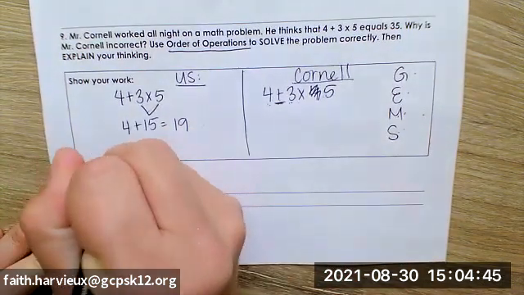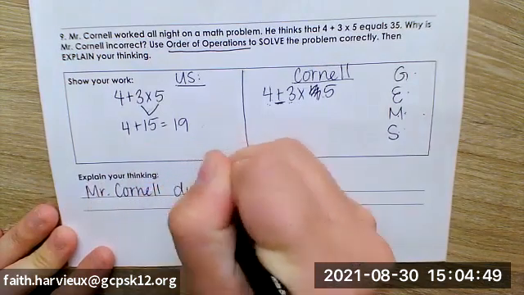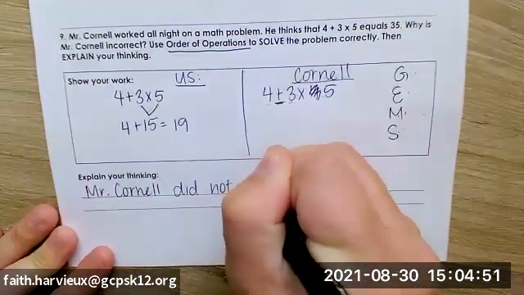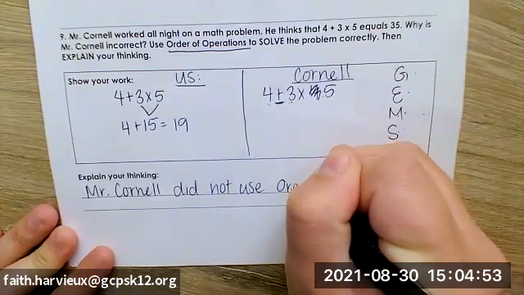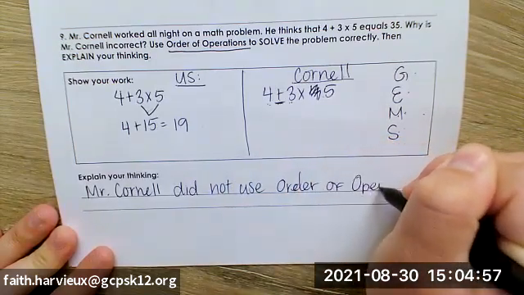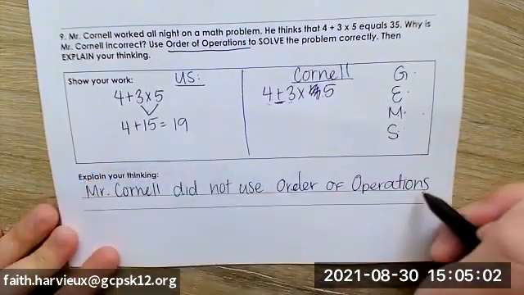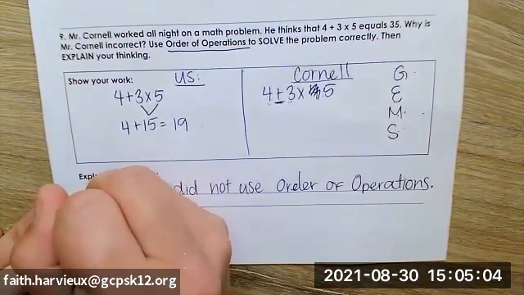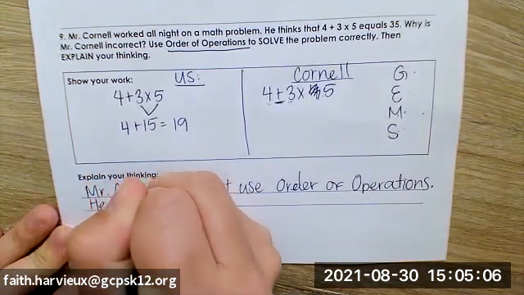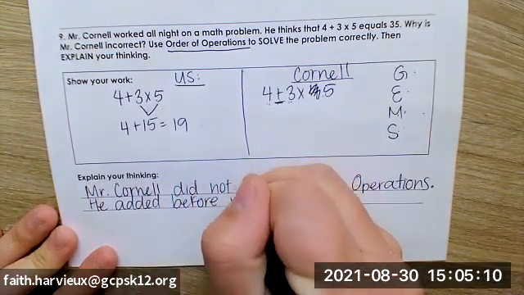Mr. Cornell did not use order of operations. He added before multiplying.